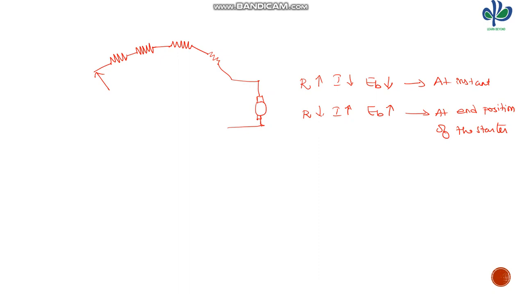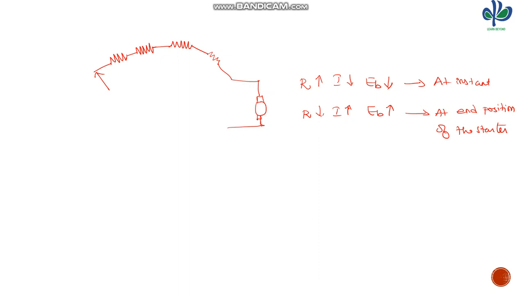In this condition, the EB is minimum, so we can assume it is equal to 0, and in this condition the EB is maximum. EB won't reach the value of the applied voltage, so it is always less than or equal to 220, the applied voltage, which we have assumed as 220 volts.